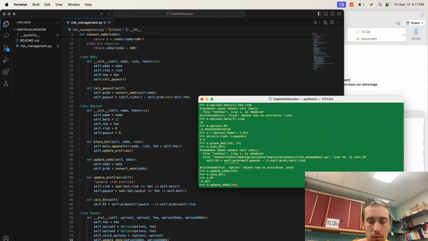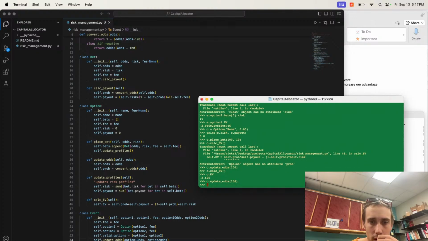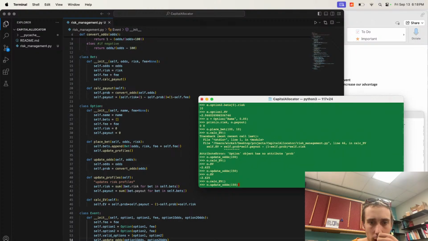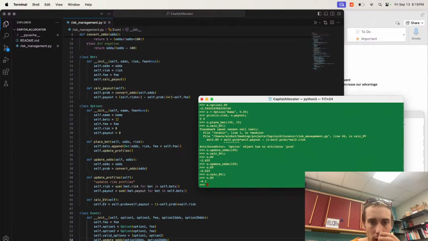Now if the odds swing to 150, the expected value goes down? Oh, because they become a bigger underdog. Okay, that makes sense. So now we bet on them at 100. Now they're becoming more favored. Minus 150.